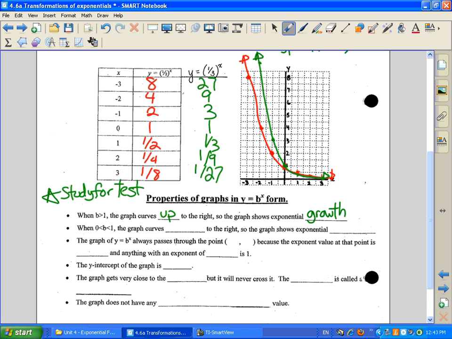I apologize, folks. I forgot to summarize these graphs here. Can we step back for a second? So these cases, they're decreasing, so we call those a decay. Okay? And the thing is here, the smaller the base, the steeper the graph.